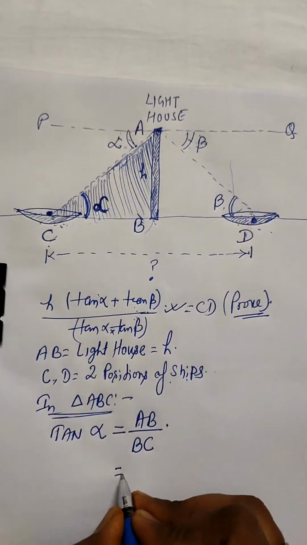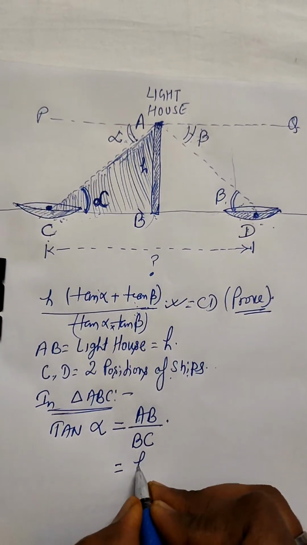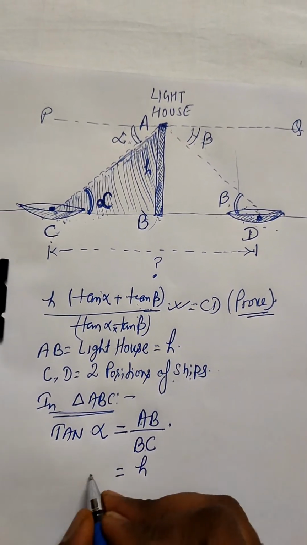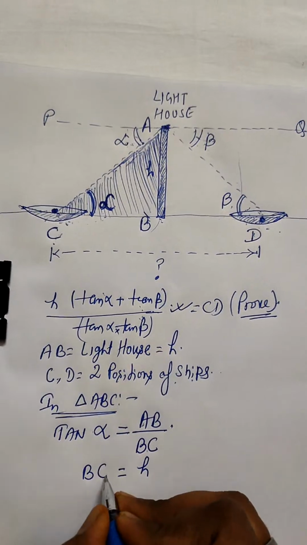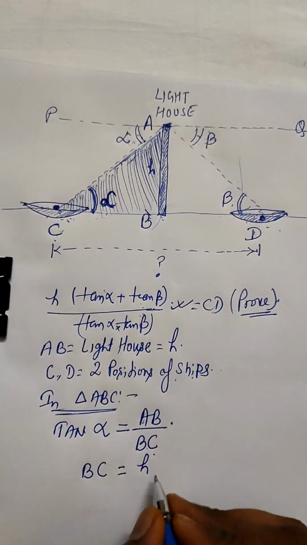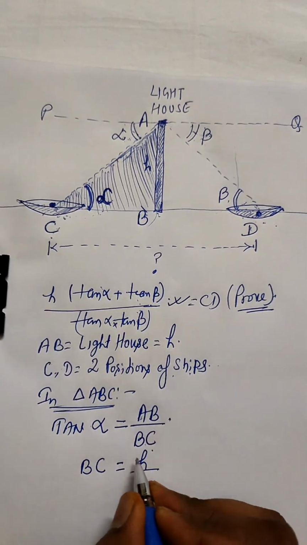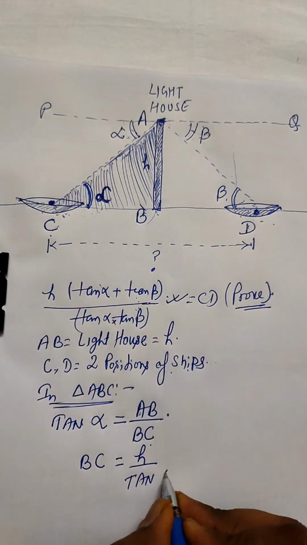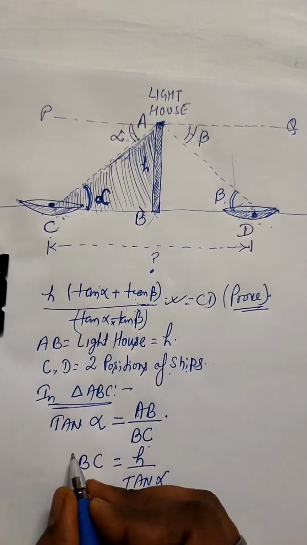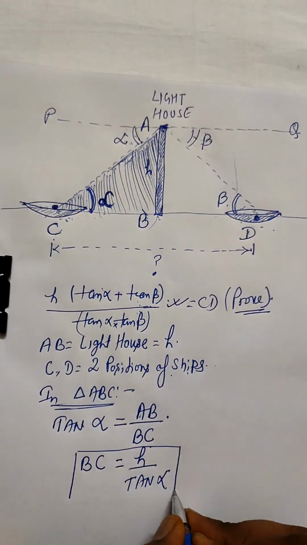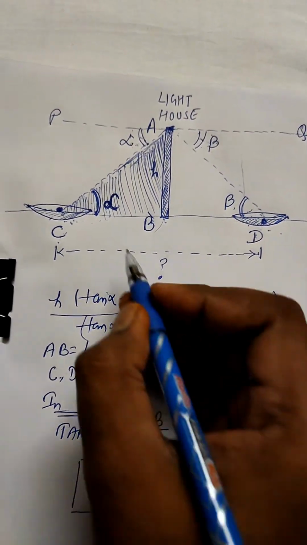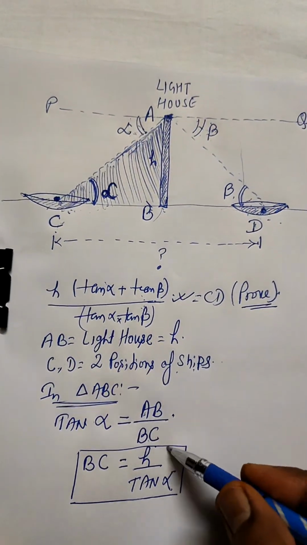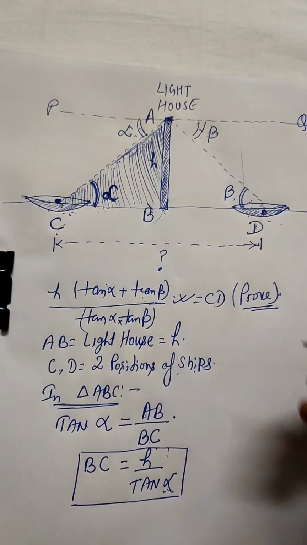What's the height AB? It's H, and BC can be written as, just bring tan alpha this side, BC can be written as H by tan alpha, right? So we have calculated the length of BC. The length of BC is H by tan alpha.